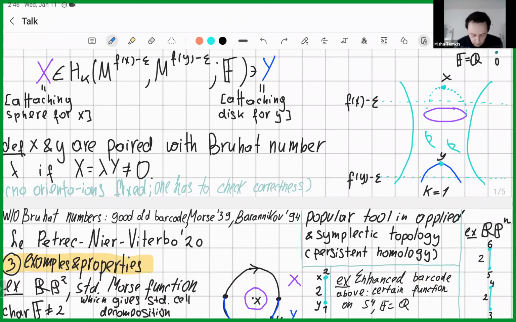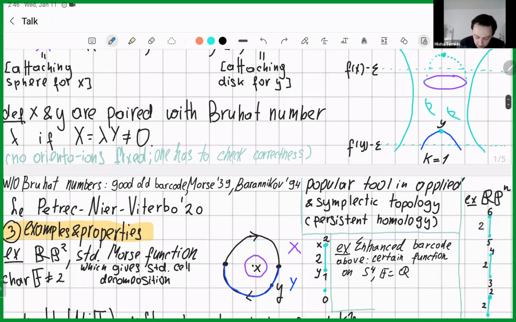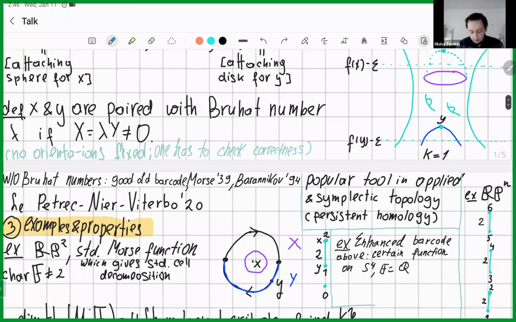So I will be primarily interested in the properties of these numbers. The first non-trivial example is RP2. There's a standard Morse function on RP2, which gives the standard cell decomposition, and two critical points of indices 1 and 2 are correspondingly y and x.